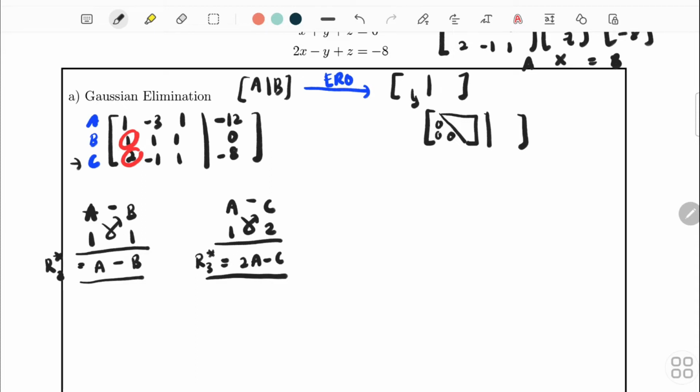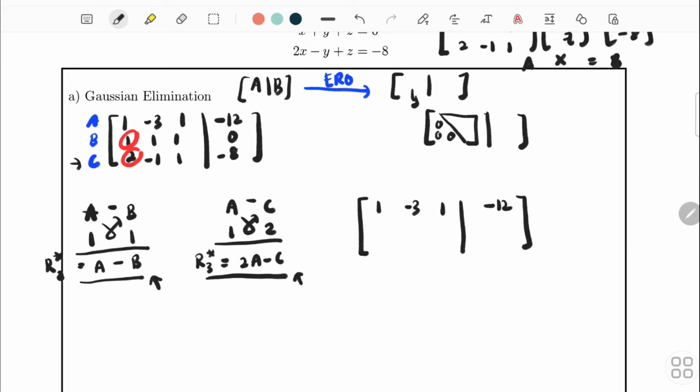Right, so by referring to these two operations, you have to calculate until you get the new second and third rows. The first row will be the same as the starting augmented matrix, which is 1, -3, 1, -12. There's no change in the first row.